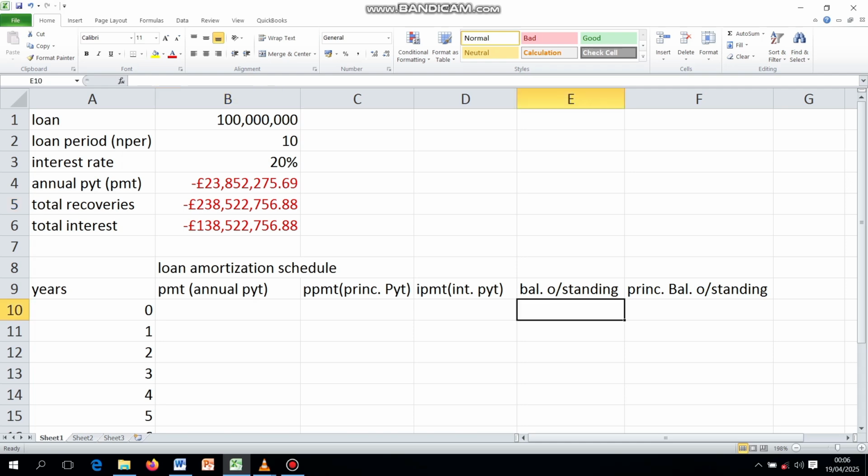Here the balance outstanding, I'll use our formula to get it, which will be the equal sign, and I'll use the total recoveries because it is the balance outstanding. So then I'll come to this one. Oh, sorry.